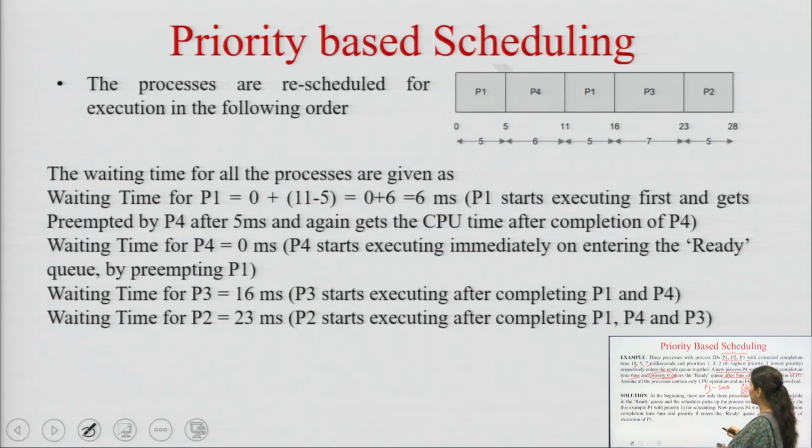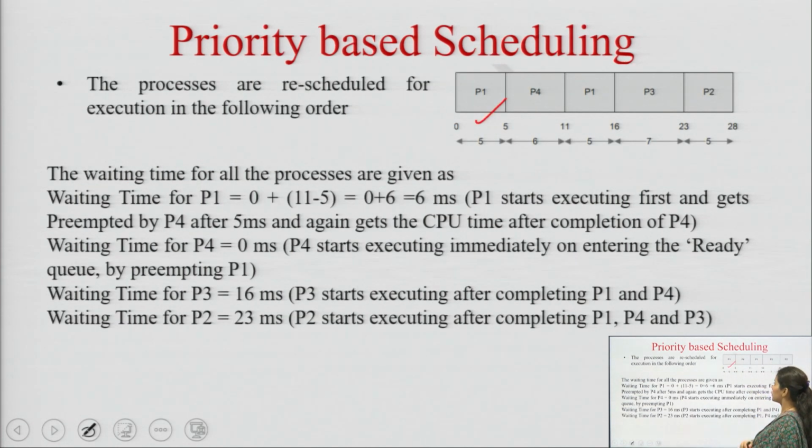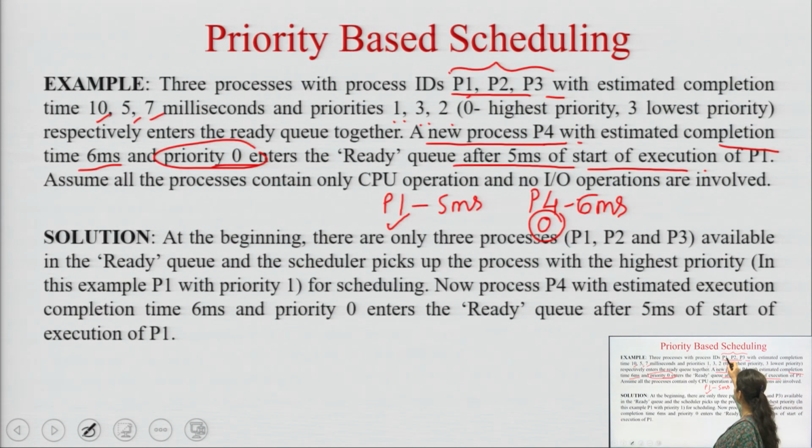So, what is happening now is that P1 was executing. After 5 milliseconds, since P4 with the higher priority entered the queue, it was given the CPU until it got executed completely, that is for 6 milliseconds. Then again P1 was given the chance because it has higher priority than P2 and P3.